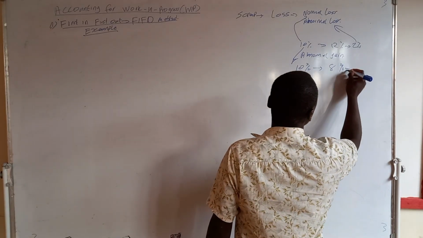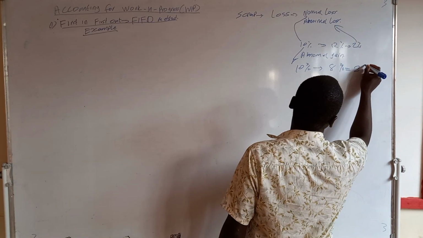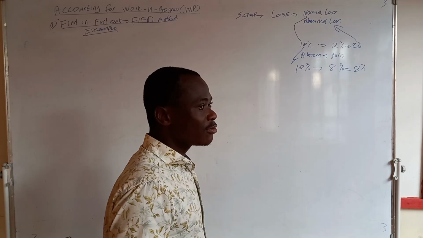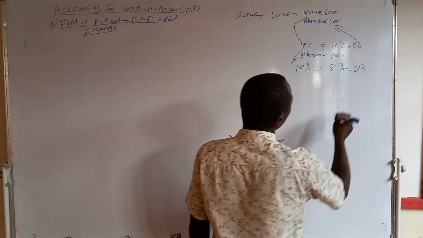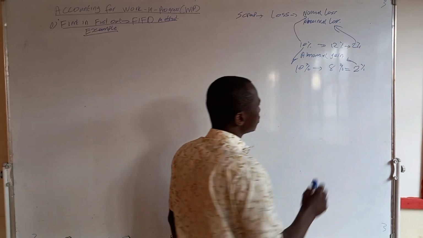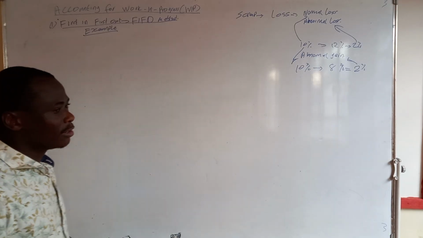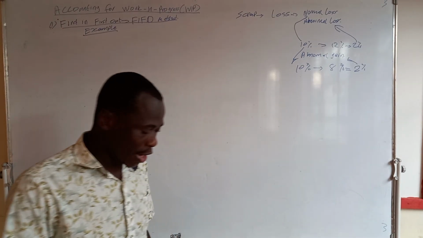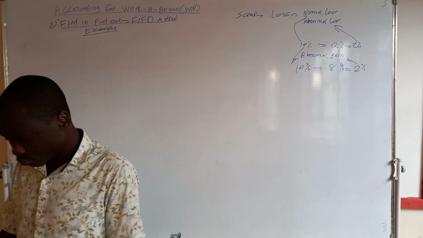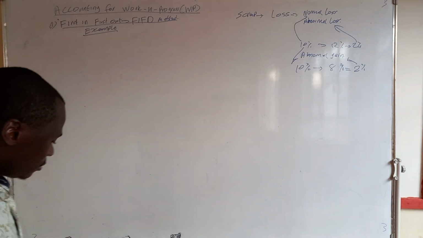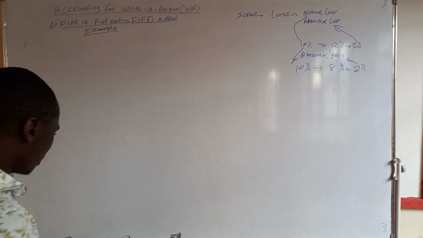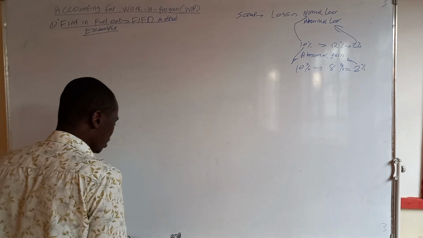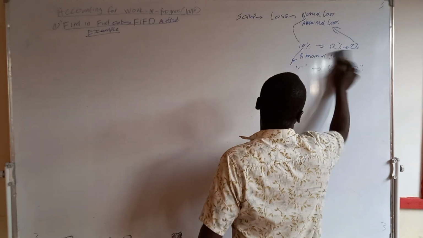So the difference here, which is 2%, we account as abnormal gain. Now I know you have understood those terms. Now we can get direct to calculations.